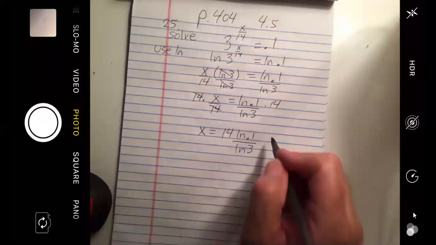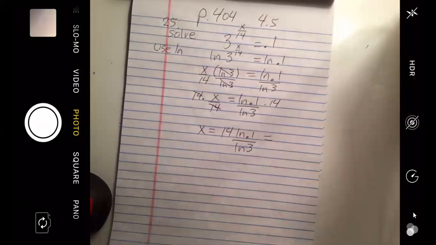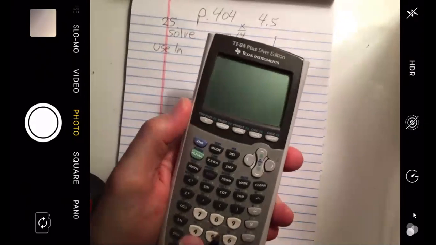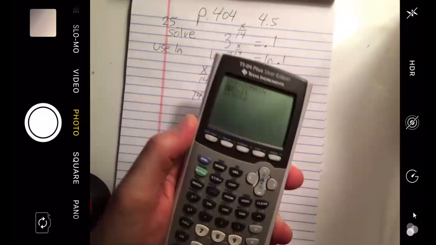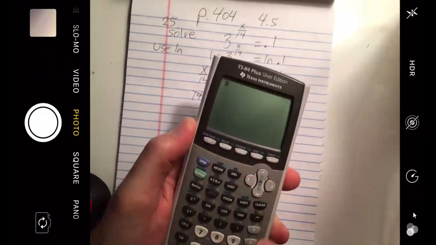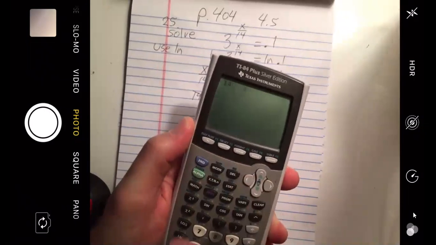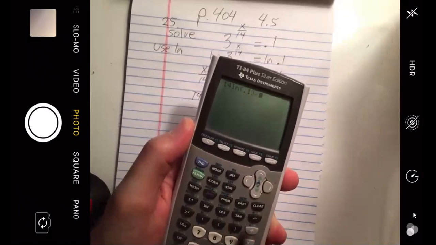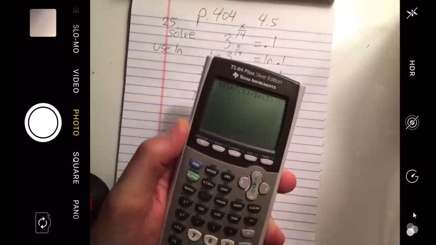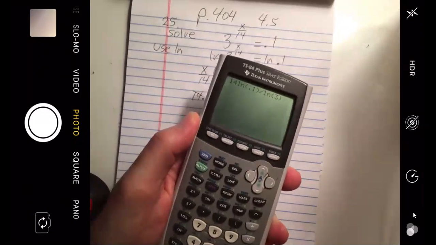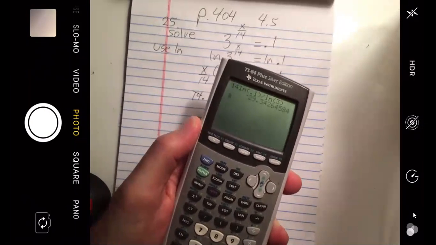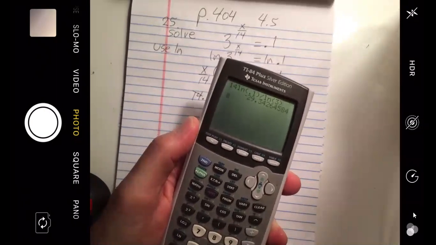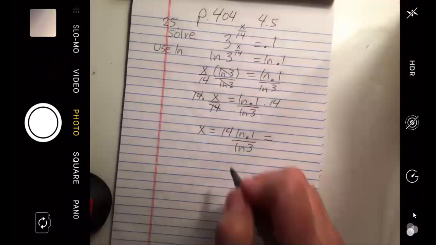Okay, I'll go ahead and give you the decimal. 14 ln of 0.1 divided by ln of 3. Negative 29.3426.